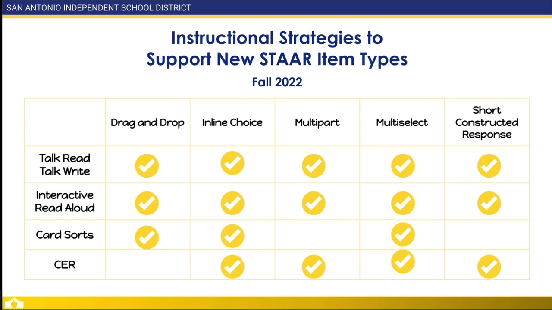While in the classroom, students will have the opportunity to engage in the following 4 instructional strategies: talk, read, talk, write, interactive read aloud, card sorts, and claim evidence and reasoning, otherwise known as CER. These will each address the new item types that we just saw on the chart.